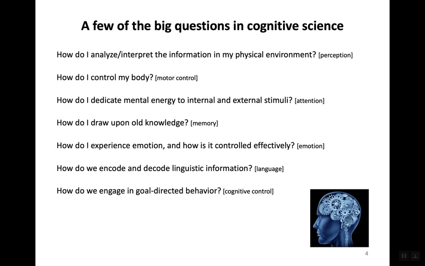Last but not least, how do we engage in goal-directed behavior? We largely move through our day trying to accomplish a series of tasks. We have a series of goals, and we structure our programs, our schedules, so that we can effectively make progress towards a goal. How can we do that?